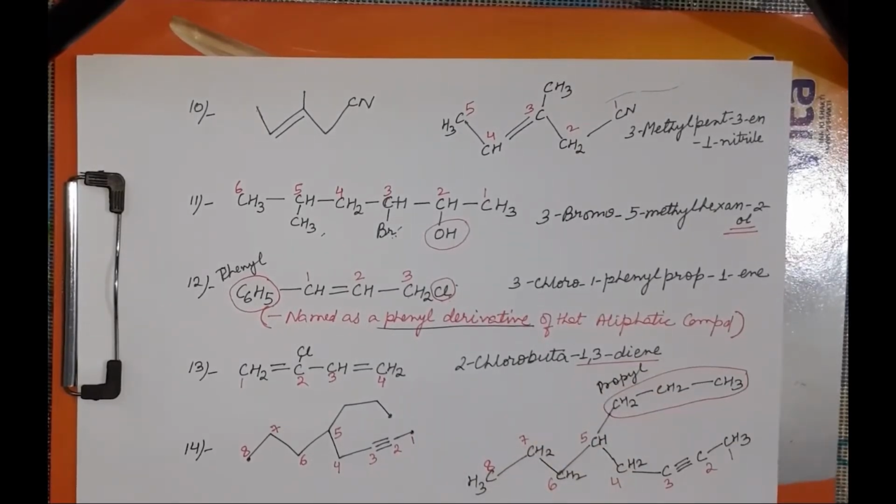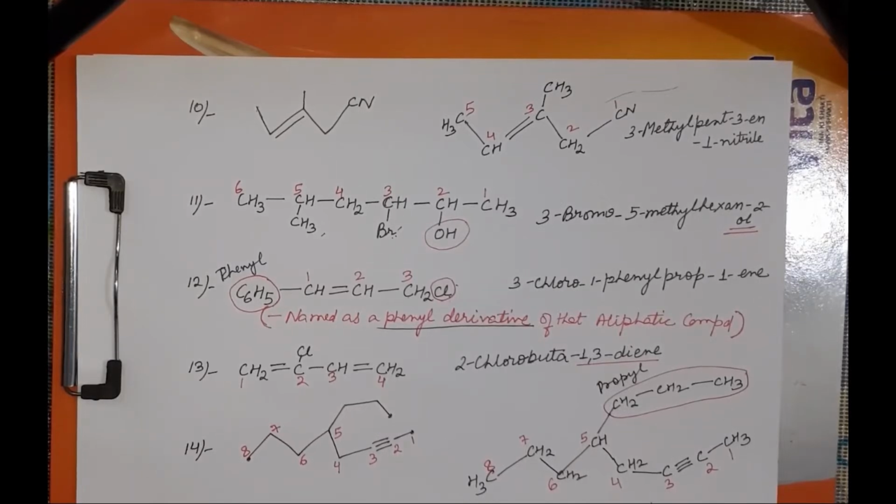So what will be the name for this compound? The name will be 5-propyl oct, because it is an 8 carbon atom parent chain, 2-yne. At the 2 position a triple bond is there, so that is why 2-yne.